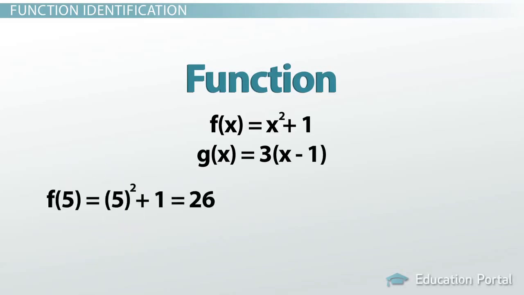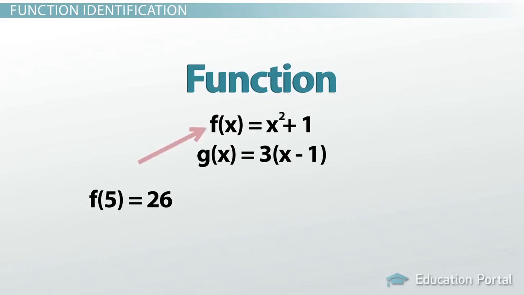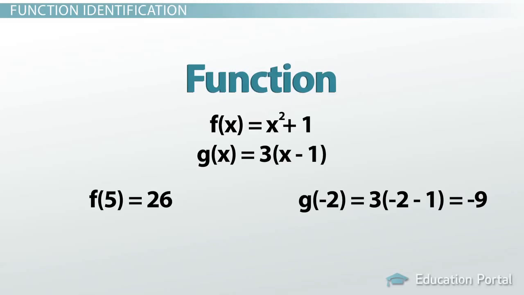Now, when we plug 5 into the f function, instead of saying y equals 26, we say f of 5 equals 26. This tells us that we used the f function and 5 was our input. Much more informative. By this same logic, g of -2 is -9.